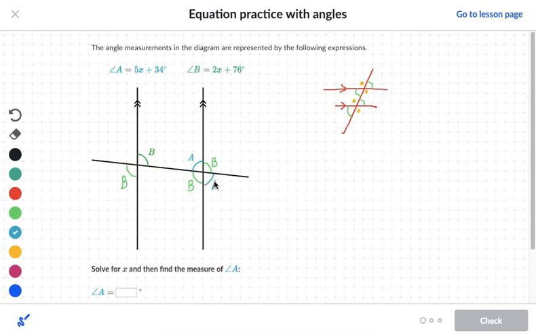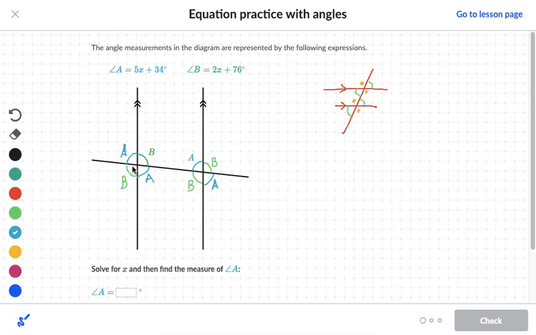This angle is the same, and corresponding over here, in the same relative area, and this one is corresponding over here. So we've got two sets of congruent angles.